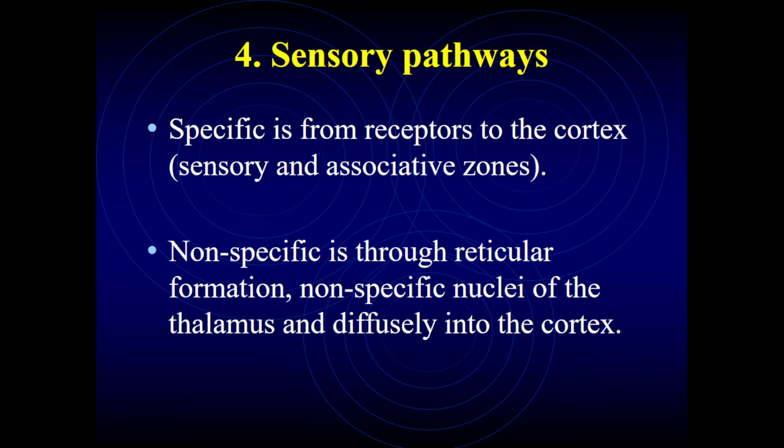Specific pathways go from receptors to the cortex, to the sensory and associative zones. Non-specific pathways go through the reticular formation, non-specific nuclei of the thalamus, and diffusely into the cortex.